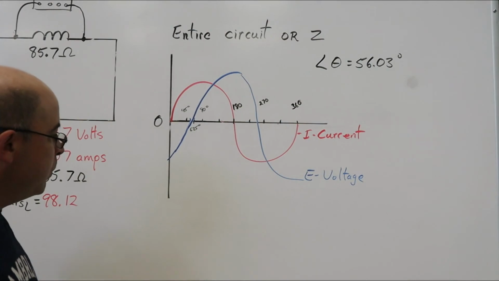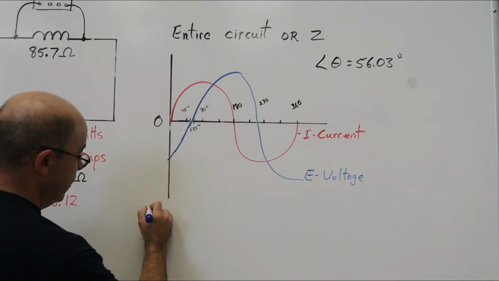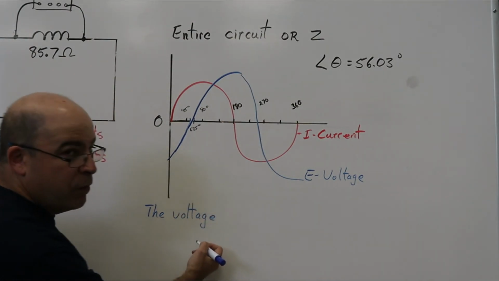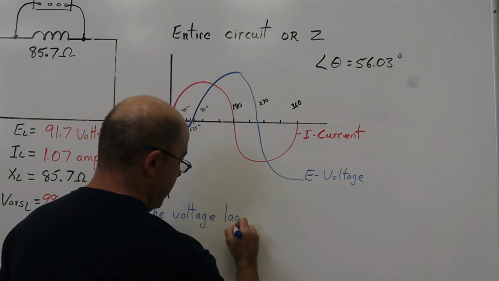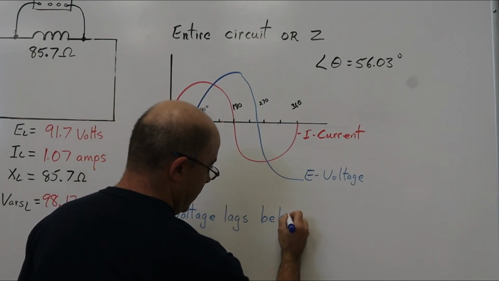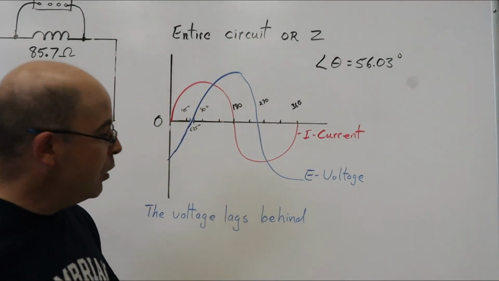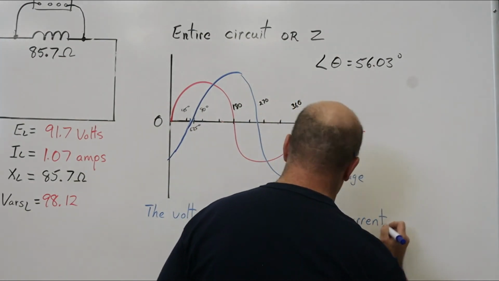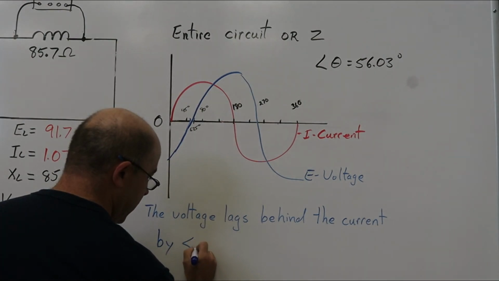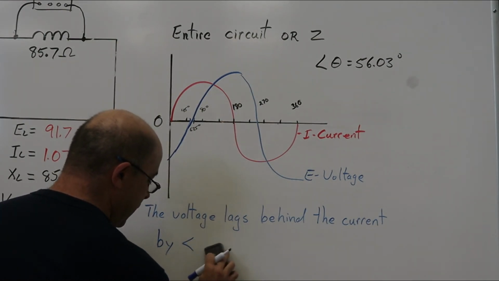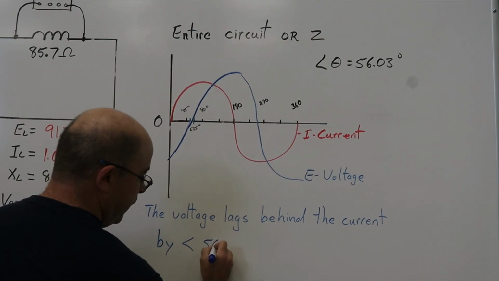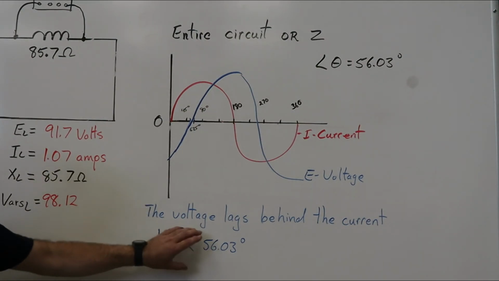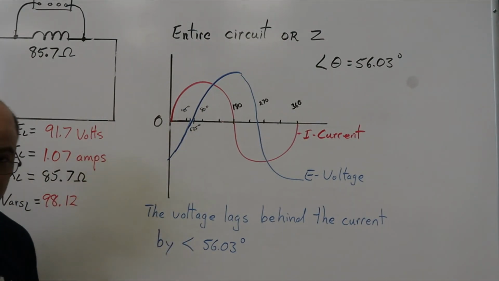And we're also going to explain that for the entire circuit, the voltage lags behind the current by an angle of 56.03 degrees. If you can give me that, that's probably worth a couple points on the test for the entire question.